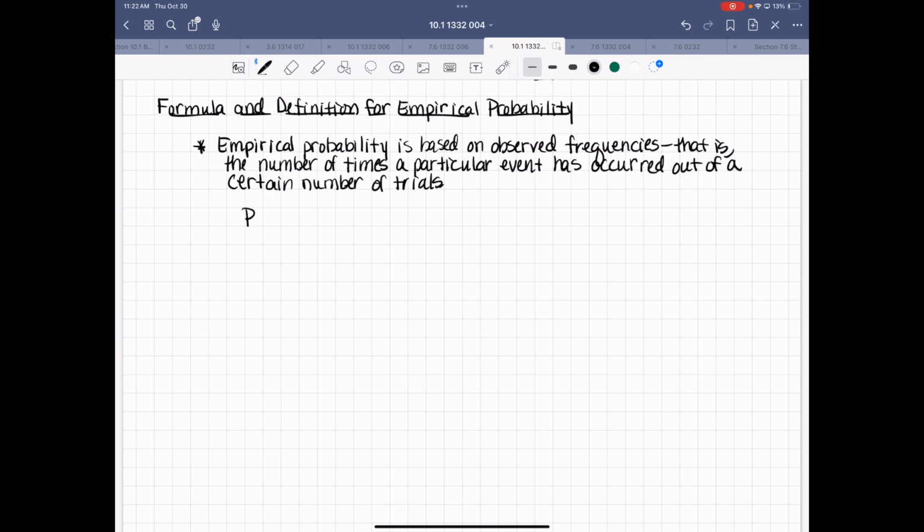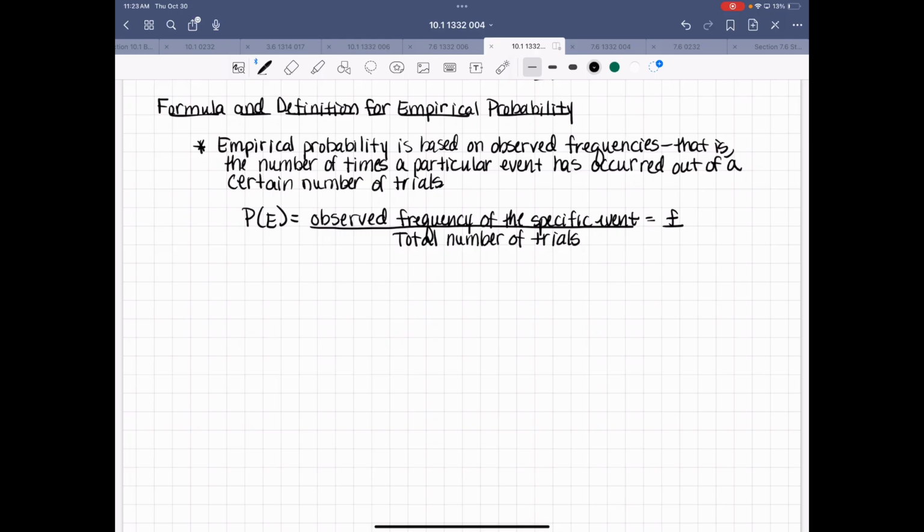So we have the probability of E, or the probability of an event, is going to equal the observed frequency of the specific event over the total number of trials. And sometimes they'll write it F over N. Okay?